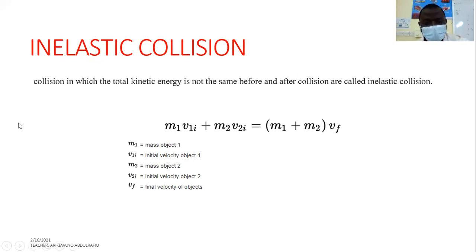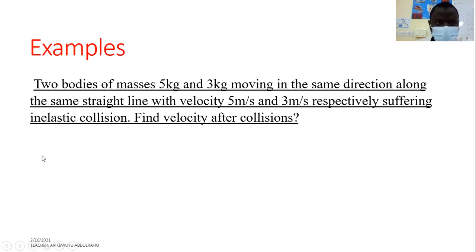That is why, if you look at the equation, you will see that after the collision, we have only one velocity finally. Because after the collision, they are moving with the same velocity, right? The mass will stick together, then they will now move with the same velocity. So this is the equation. So let us take an example for this also, for inelastic.